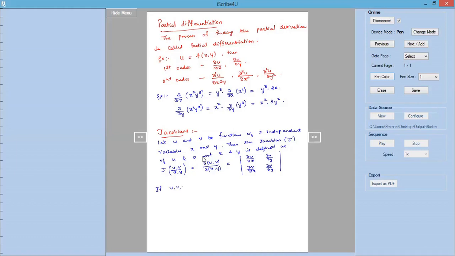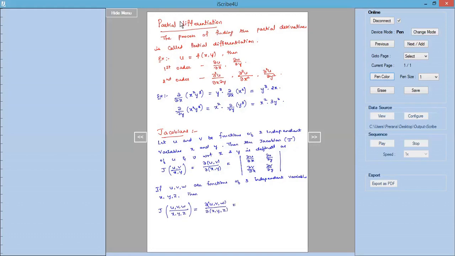If u, v, w are functions of three independent variables x, y, z, then the Jacobian J of u, v, w with respect to x, y, z, with the alternate notation dou of u, v, w with respect to x, y, z.